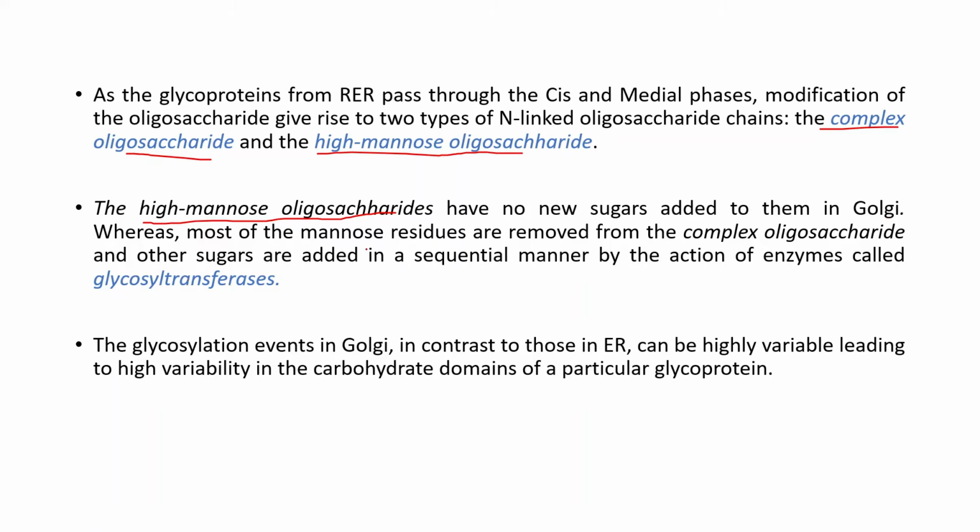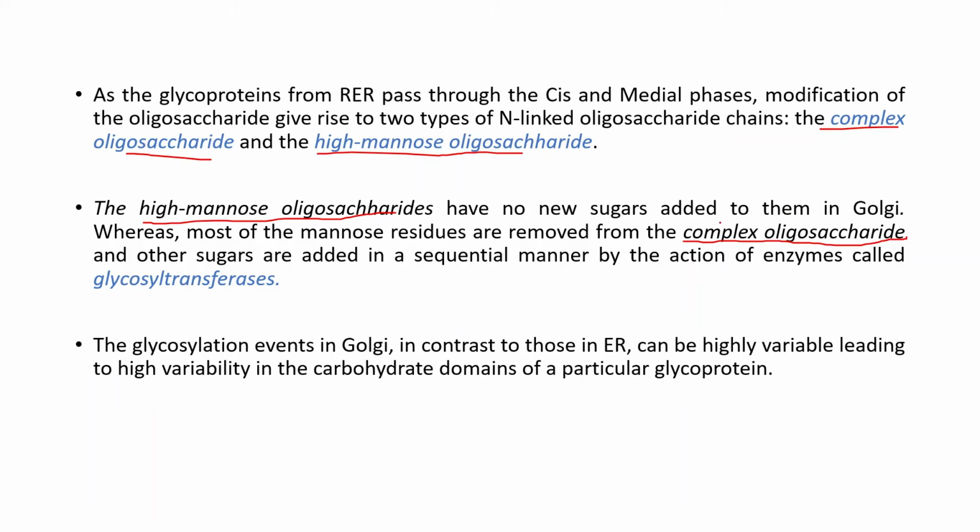Whereas most of the mannose residues are removed from the complex oligosaccharide. So if the initially modified N-linked oligosaccharide coming from the RER undergoes removal of mannose residues, then we get something called a complex oligosaccharide.